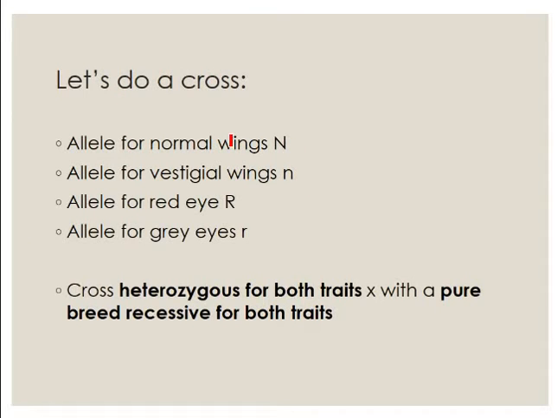We've got the alleles here, so big N for normal wings, little n for vestigial wings, big dominant R for red eyes, and little r for grey eyes. I would like you to cross a heterozygous fly for both traits with a pure breeding recessive fly for both traits. So if you stop the video now and figure out the genotypes of the parents, the gametes, the genotypes, and the phenotypes of the offspring.